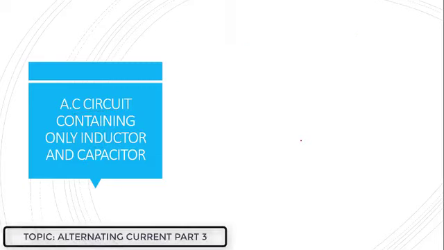At this point, let's talk about an AC circuit containing only an inductor and a capacitor. An inductor and capacitor circuit is called an LC circuit. For an LC circuit, the impedance is given by the RMS voltage over the RMS current.